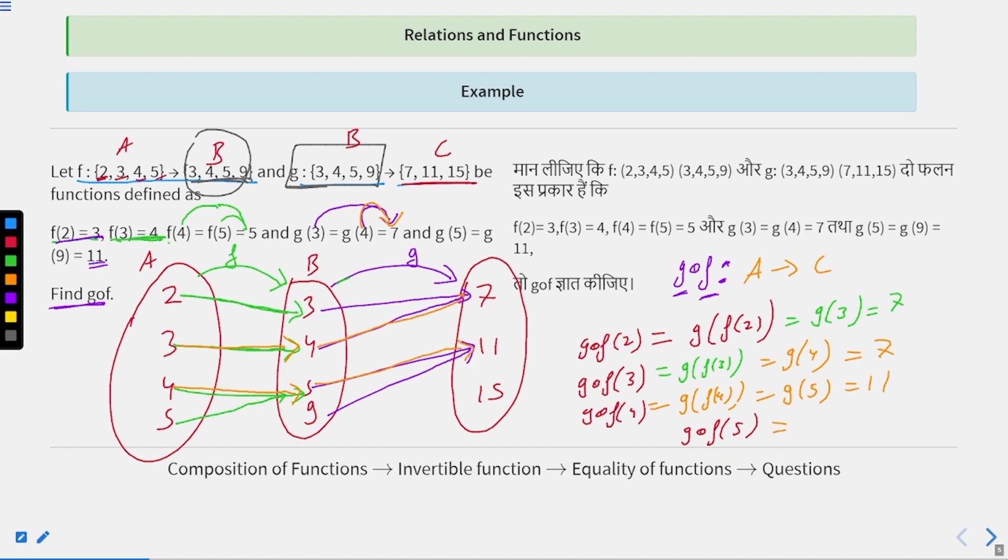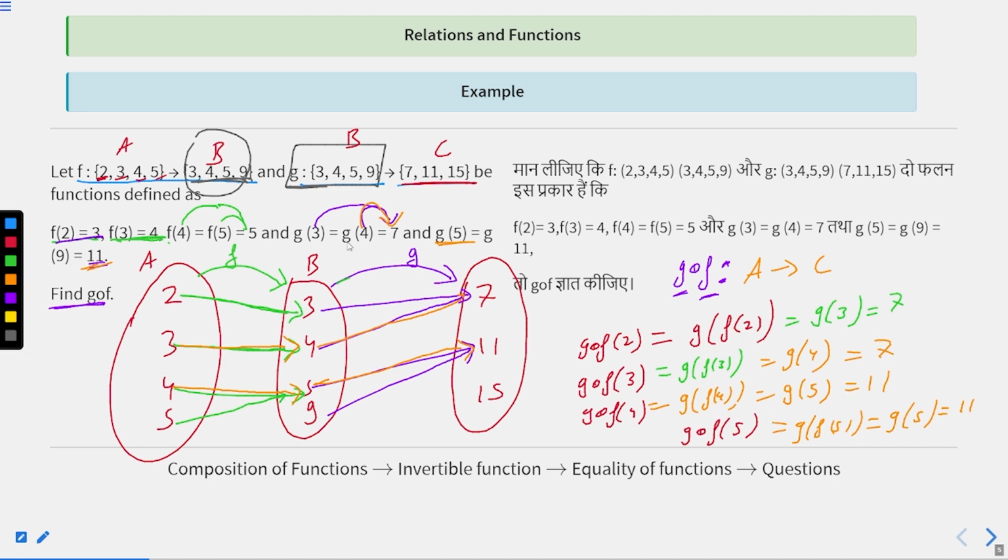And g of f of 5: f of 5 goes to 5, and g of 5 goes to 11. Okay, I hope that it is clear.